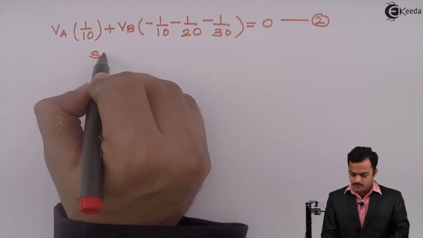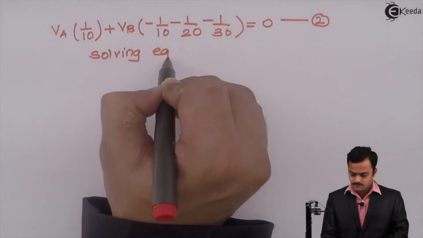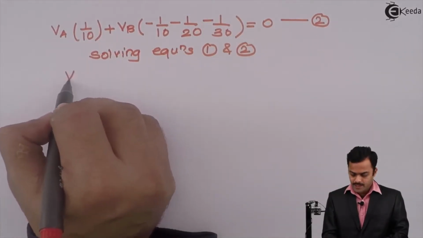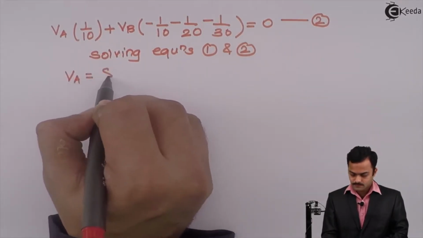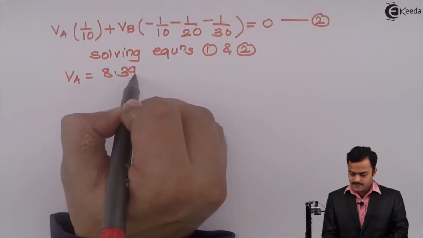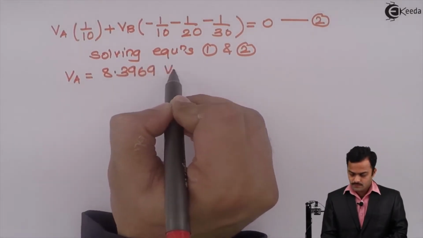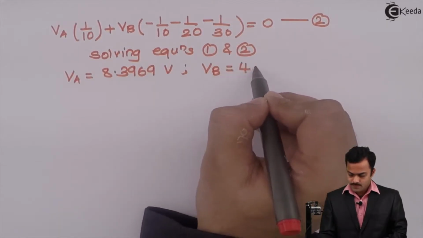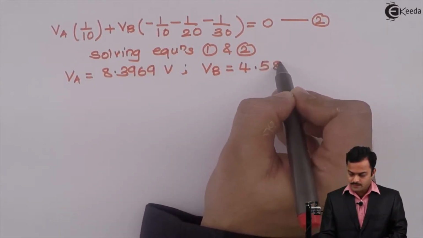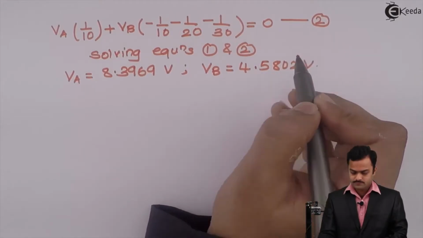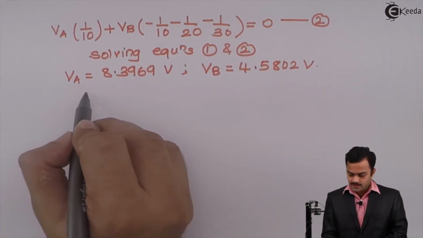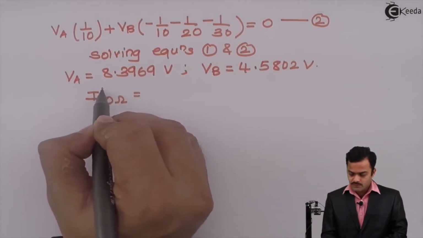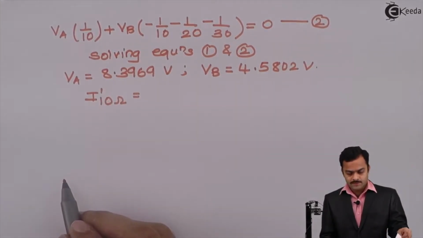Solving equations 1 and 2, I will get VA as 8.3969 volt and VB as 4.5802 volt. My job is to get current flowing through 10 ohm resistance, and that is because of first source only.